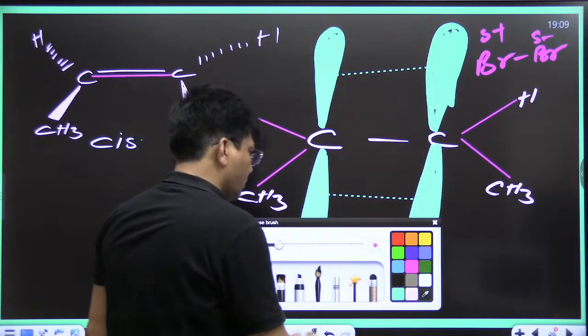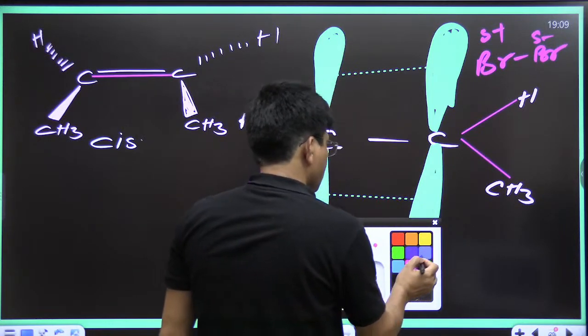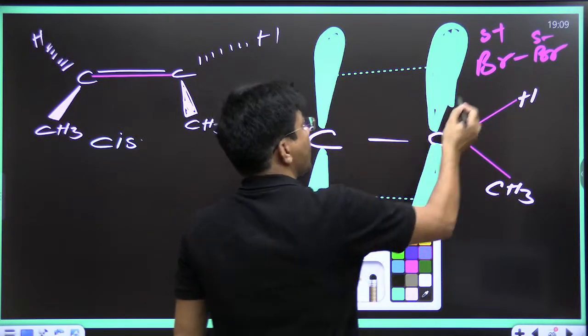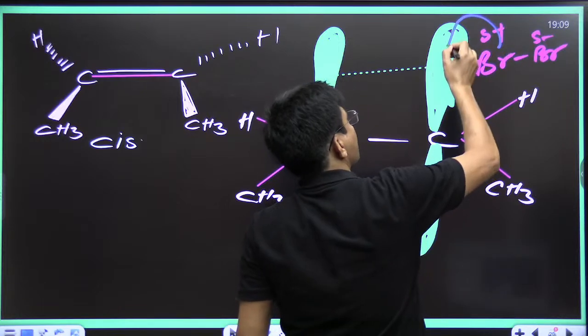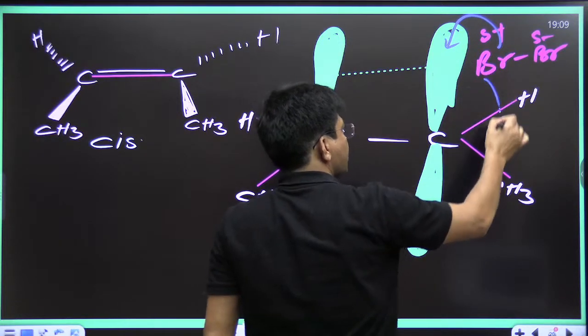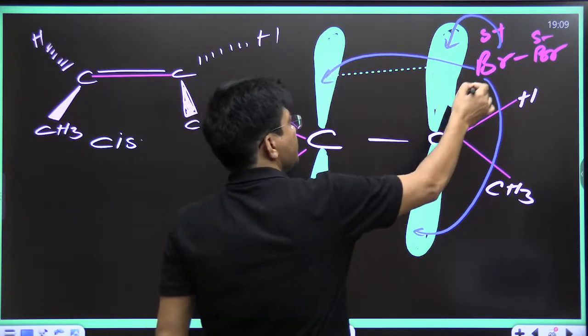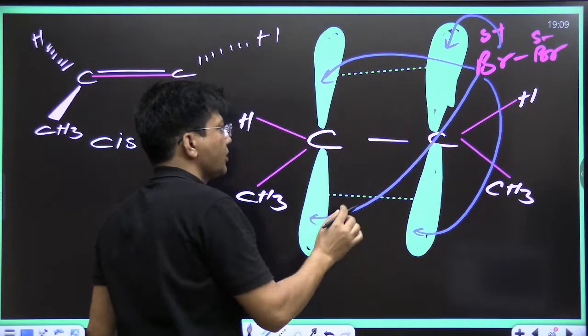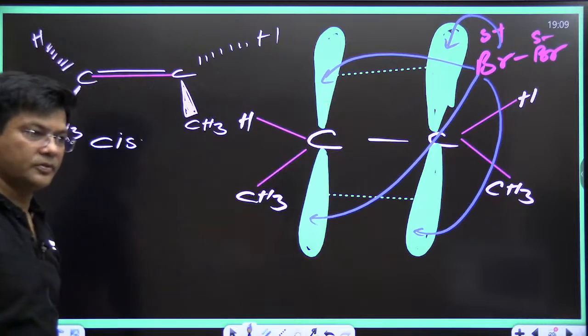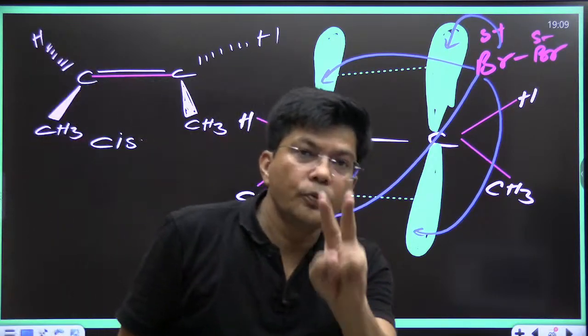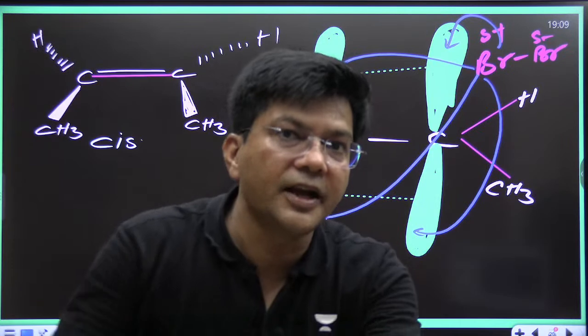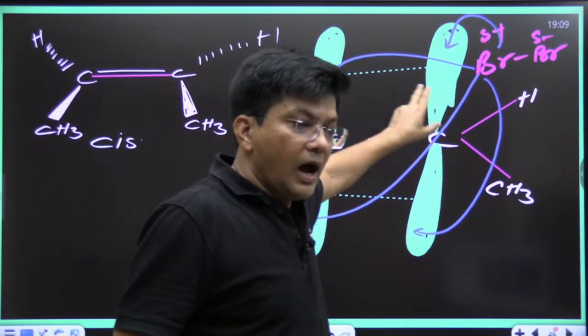What are these four possibilities, my dear students? This Br plus can attack over here, over here, on this carbon, and on this carbon. Am I right, my dear students? Two possibilities are from the downside and two possibilities are from the upside.